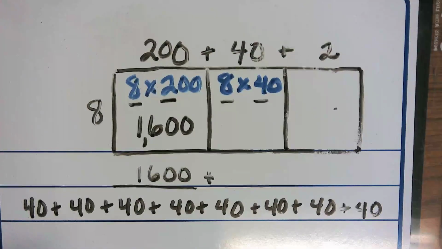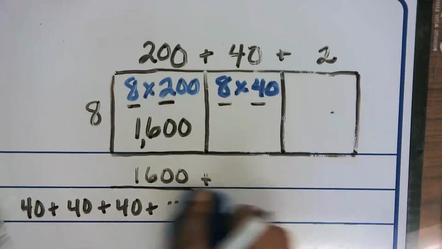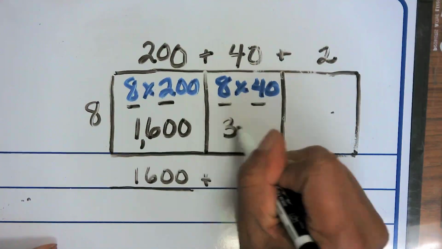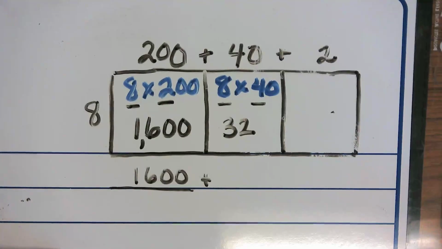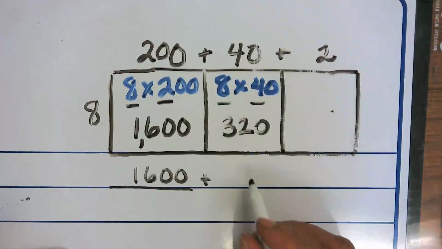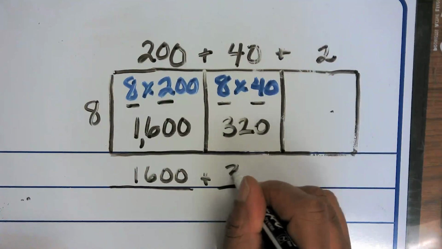That's a lot of adding, right? I don't think I want to use that strategy, but if I have to, I would. But me personally, I know that 8 times 4 is 32. So 8 times 40 would be 320. Second partial product done.